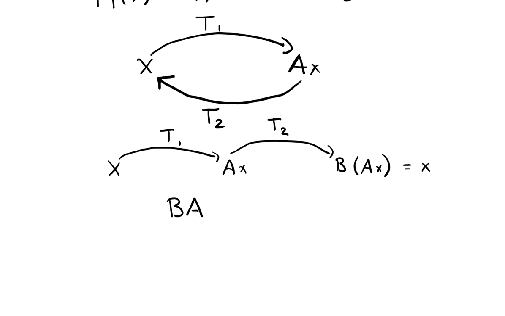Well, BA is actually the standard matrix of the composition of the two linear transformations. So T2 composed with T1 of x would be BA times x. But when I compose T2 with T1, I'm going to get back x. So what is this matrix here?